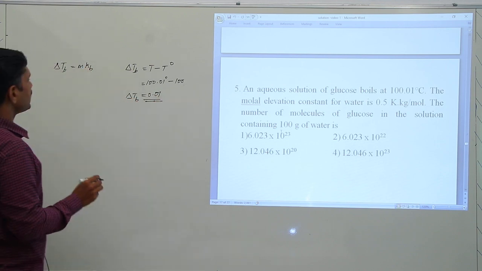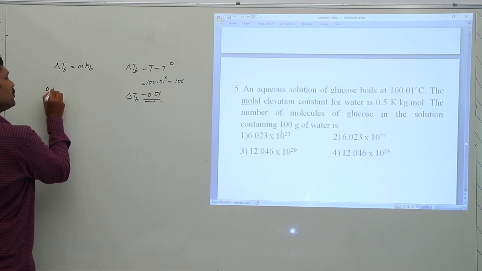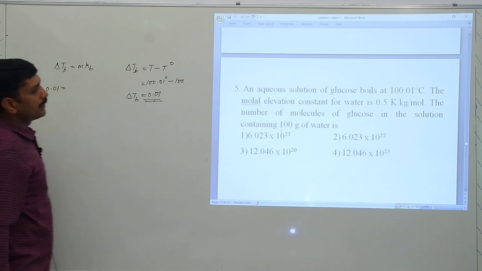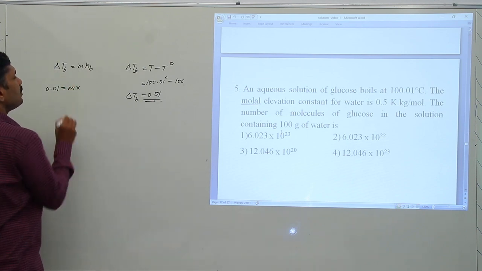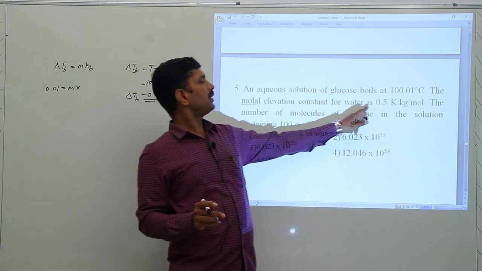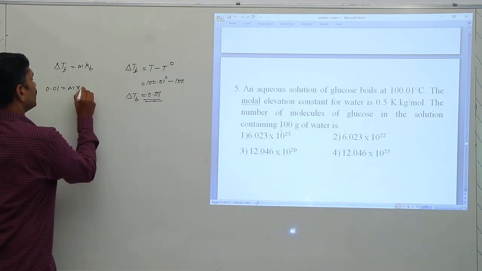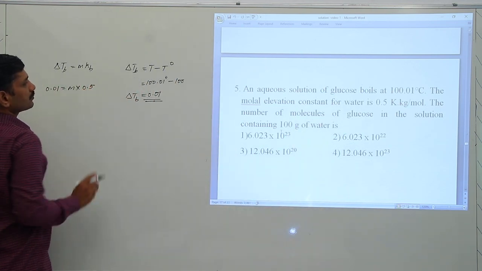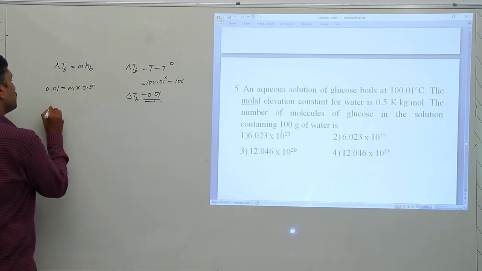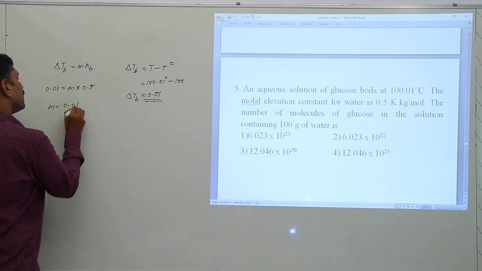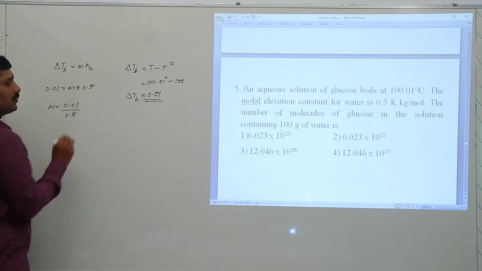So I substitute here: 0.01 is equal to M into Kb. What is the Kb value given here? 0.5. So now M is equal to 0.01 divided by 0.5.